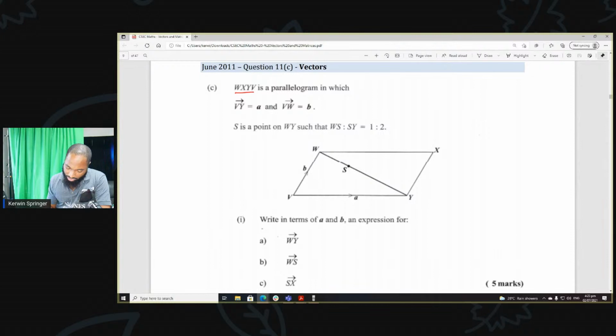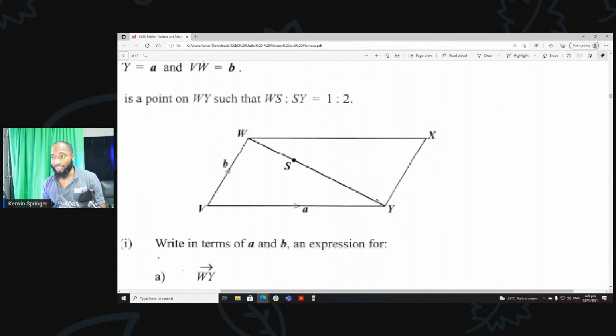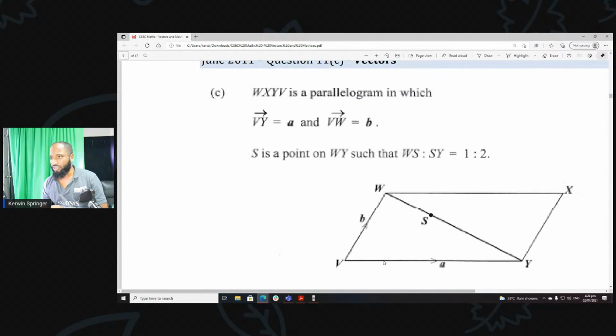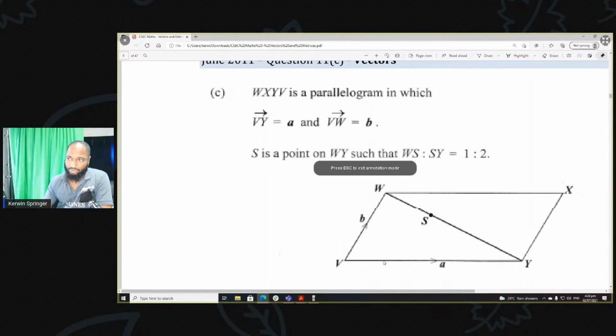WXYV is a parallelogram in which VY is equal to that, VW is equal to that, S is the point. Wow, these vectors questions could make you zone out, because I kind of zoned out reading this, and I'm a maths teacher, so imagine for a student. WXYV is a parallelogram. All right, I understand that. Yes, Samantha, I will send it to the maths group.